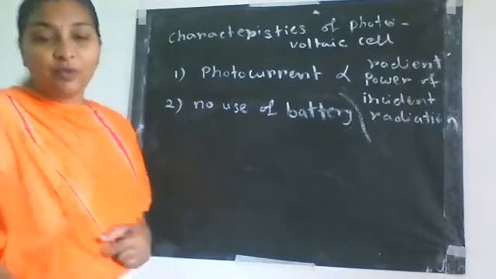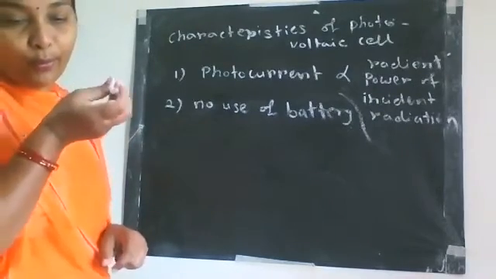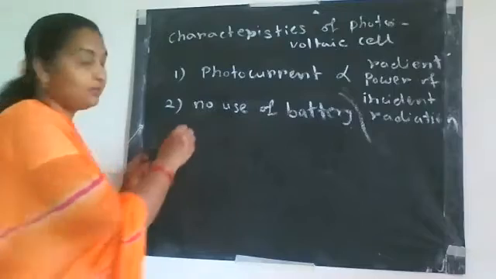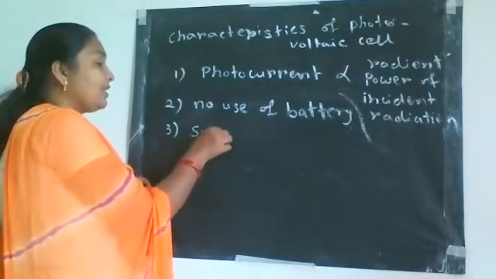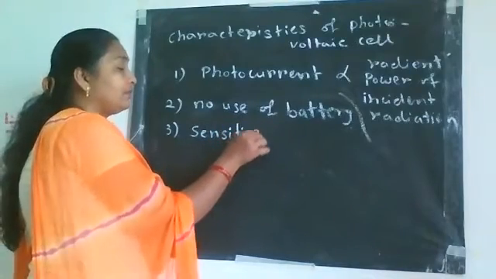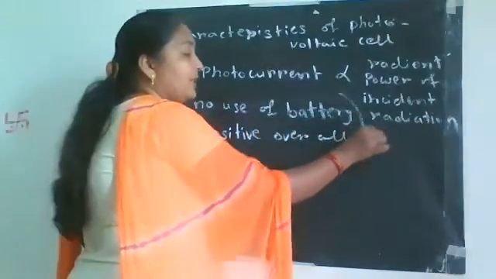Then the next characteristic: this photovoltaic cell is sensitive over the whole visible region.